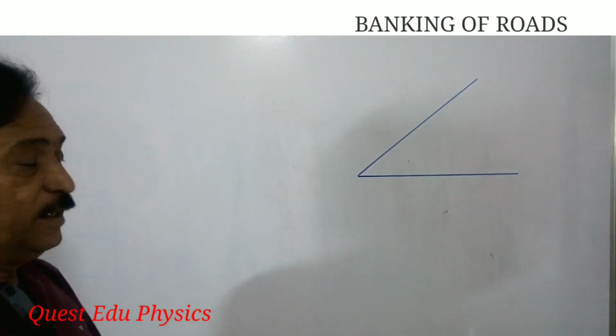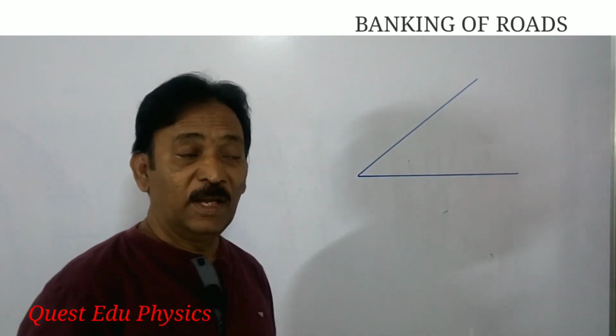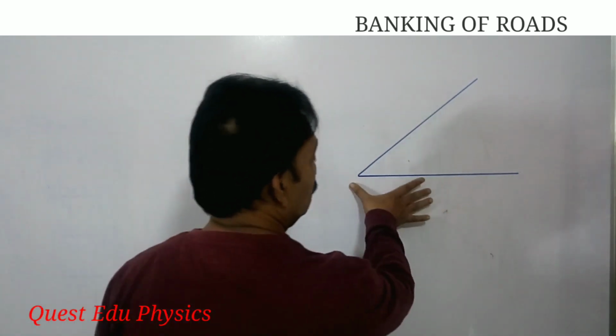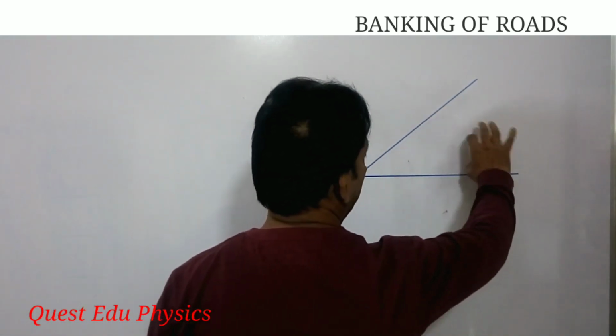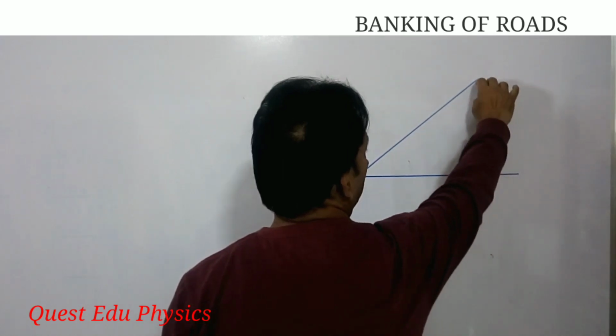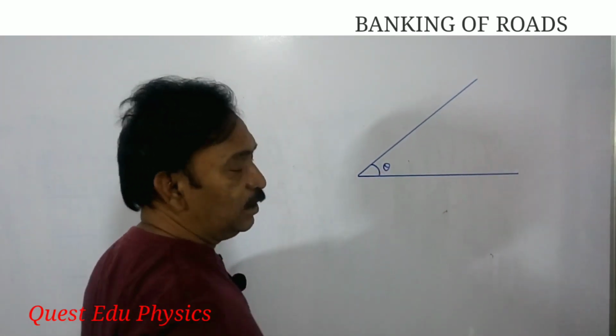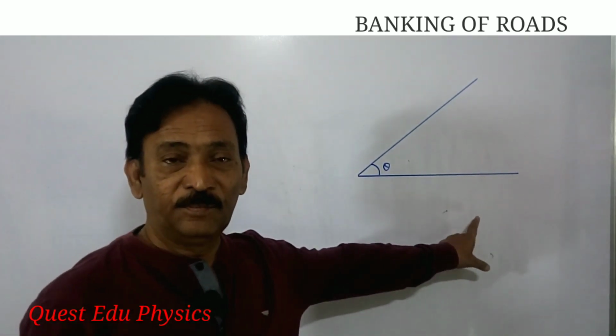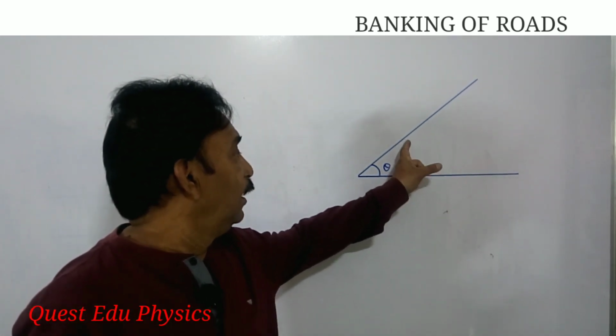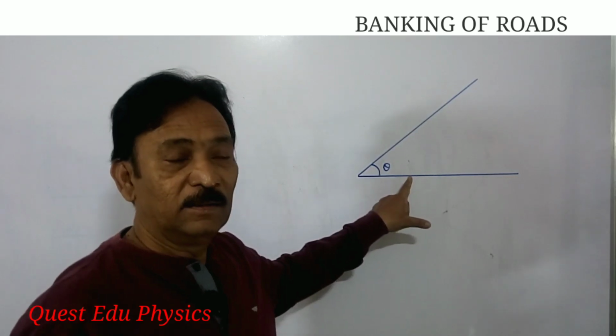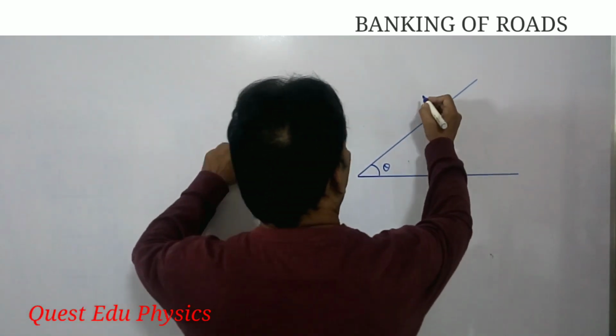Okay students, let's say it is the elevated path. That means it's the ground and we elevated this one to an extent of height, and it's making an angle of theta with the horizontal. We call it the angle of banking. Let's say a vehicle is moving.